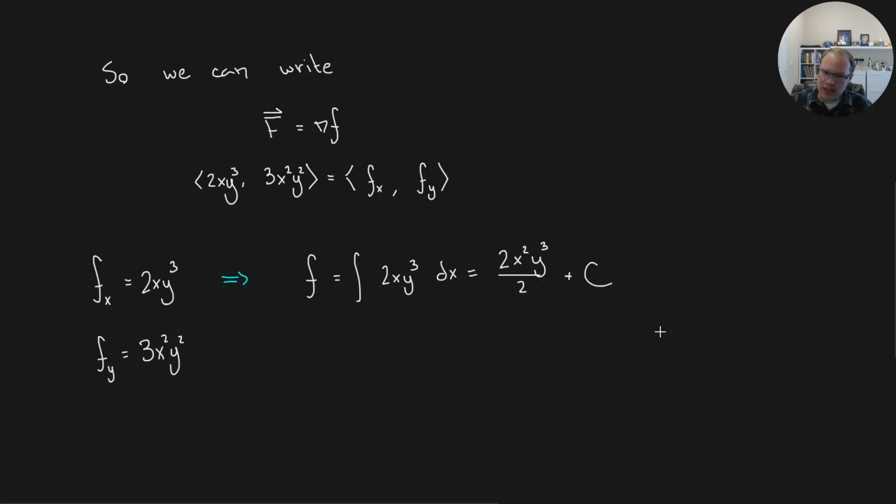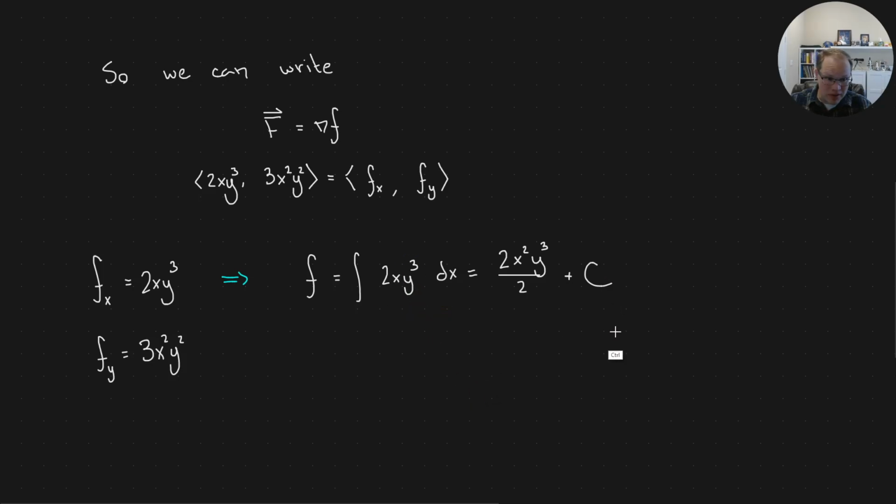But this is where things get just a little tricky. When I took the integral, I was integrating with respect to x, which means I treated y as a constant. So this constant c could involve y. It's not a constant in the sense that it's only numbers. It's a constant with respect to our integration. And when we integrated, we treated y as a constant.